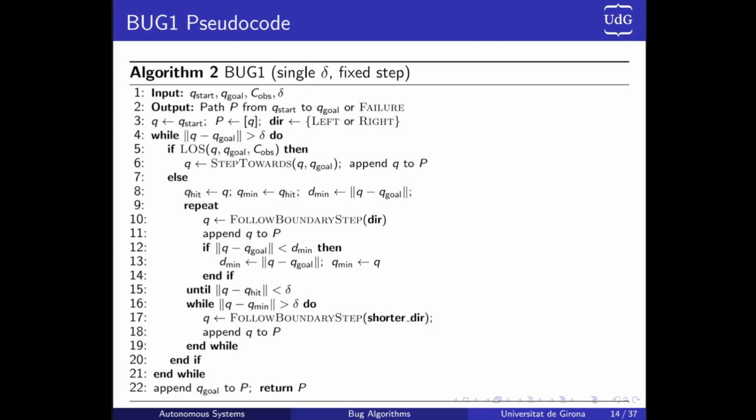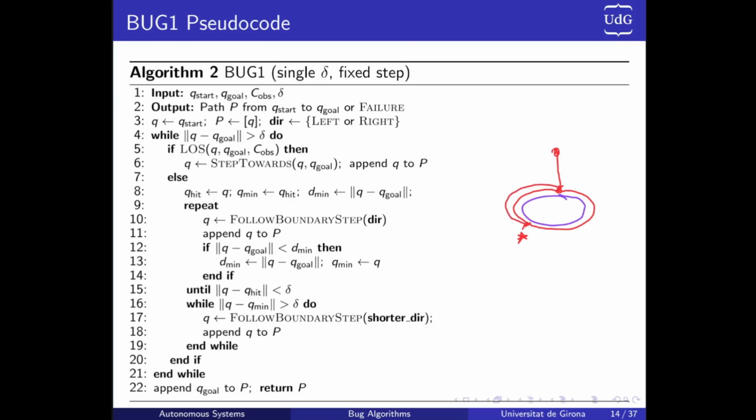Remember, imagine that we have here the obstacle. Let me do it in red. We have started from here. We have circumnavigated the whole obstacle. And because our goal was here, this is the starting position, we know that this is the minimum position. Then when we reach this point, we need to move again till this position.